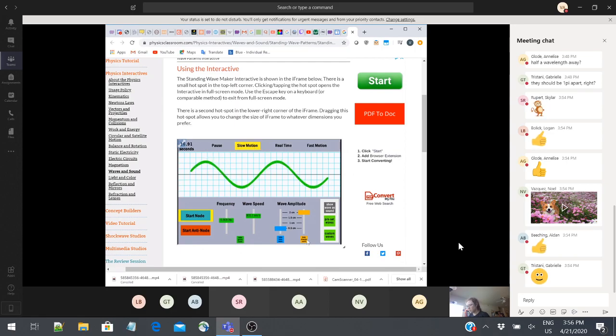I can also do this as a, why is this thing so crappy? Go. There we go. A blue wave traveling to the right.